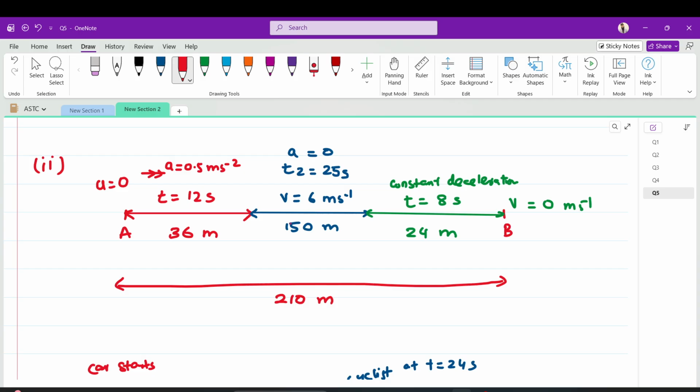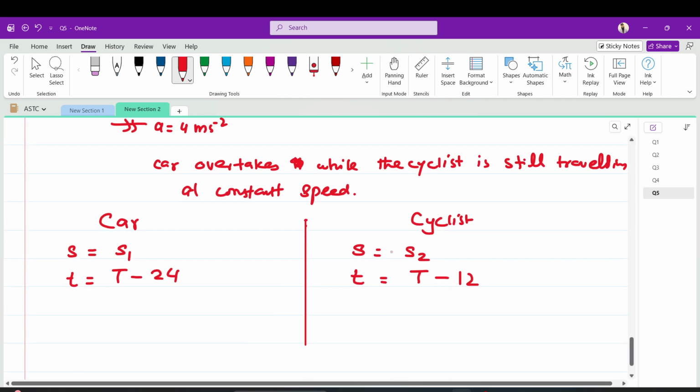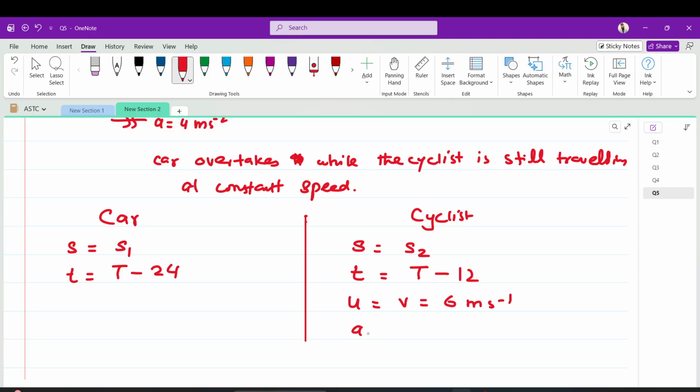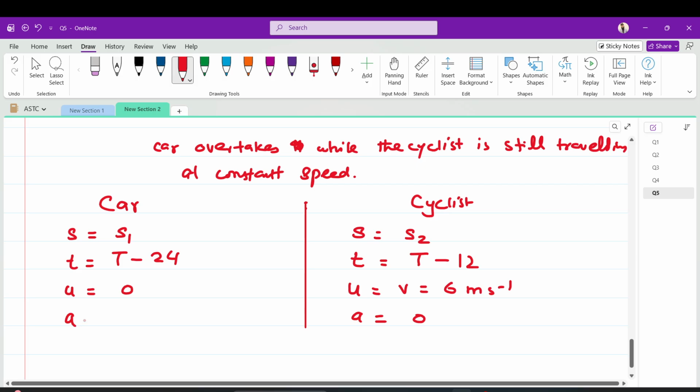Now in this region, for the cyclist, its initial velocity as well as final velocity is 6 meters per second. So acceleration is 0. That is all the data that I know about the cyclist. For the car, u is equal to 0 because it started at rest, and acceleration is 4 meters per second squared.